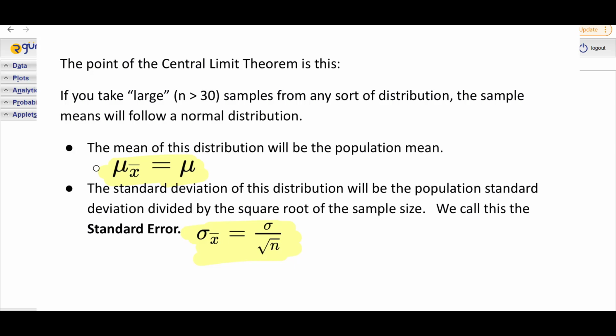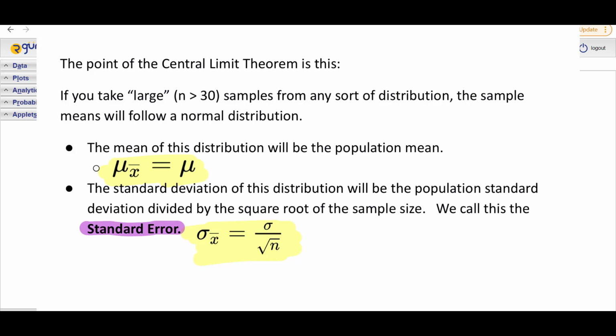Now, what do we call this? We actually don't usually say the standard deviation of the sample means. We could call it standard error. So from henceforth, when we say standard error, we are referring to the standard deviation of the sample means, which is standard deviation over square root of n.